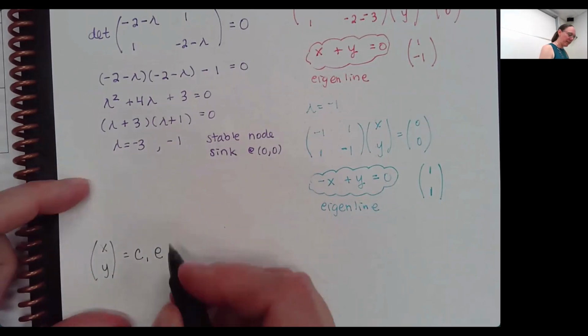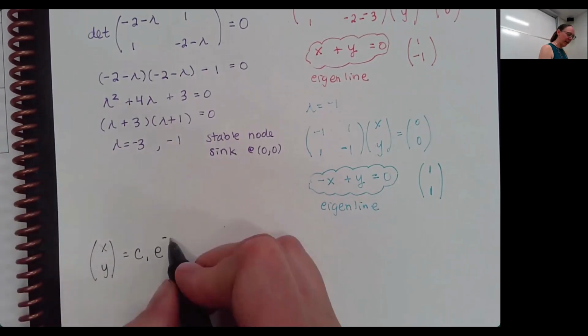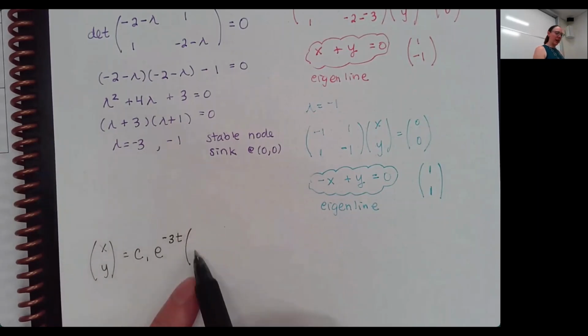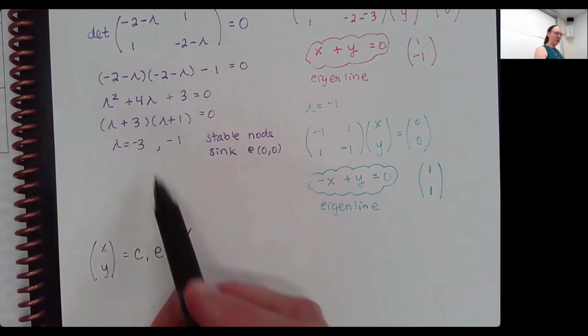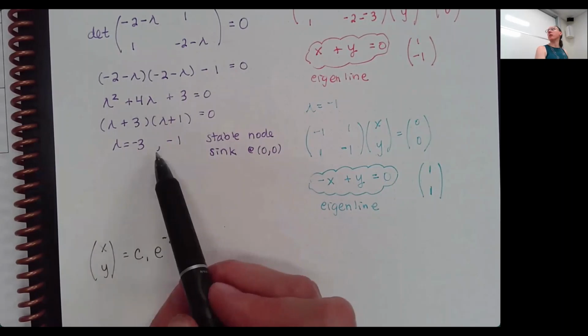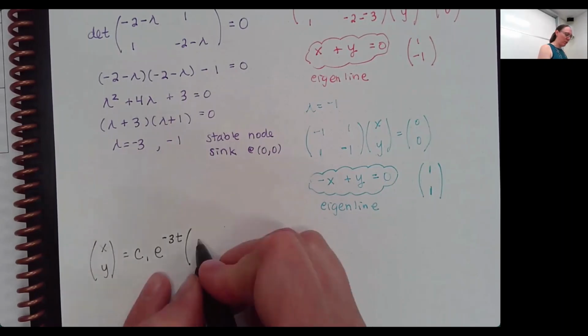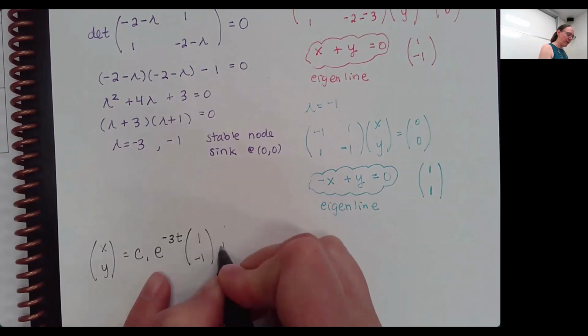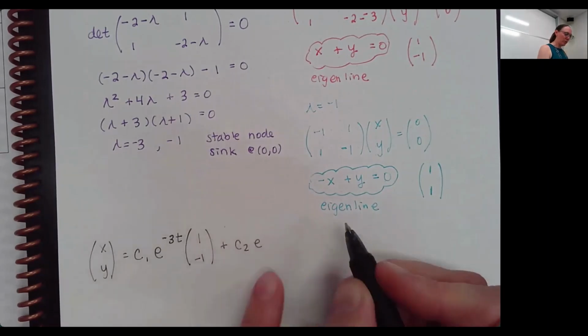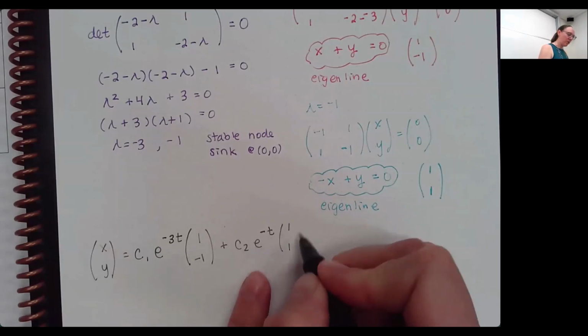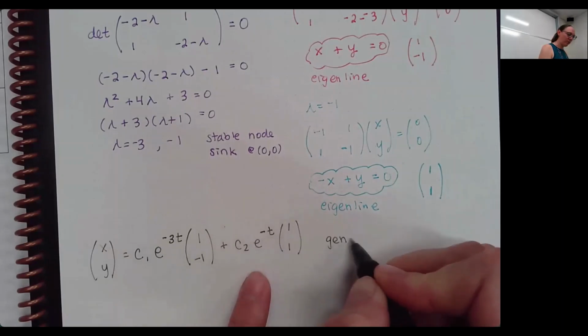So I'm going to have this as C1 e to the -3t. What does matter is that you make sure that the eigenvector you write matches which eigenvalue you put. So the eigenvector that goes with -3 was 1, -1. And the eigenvector that goes with a lambda of -1 was 1, 1. So that's my general solution.